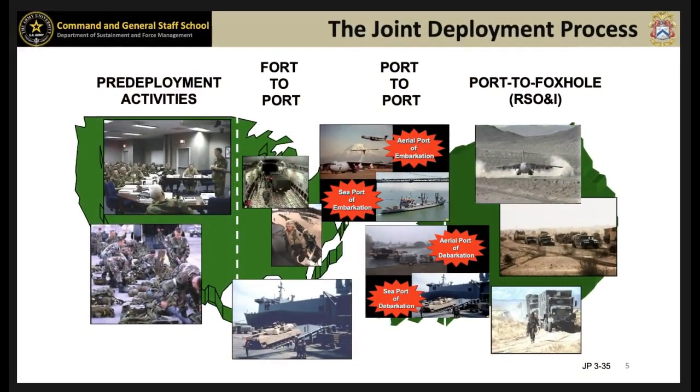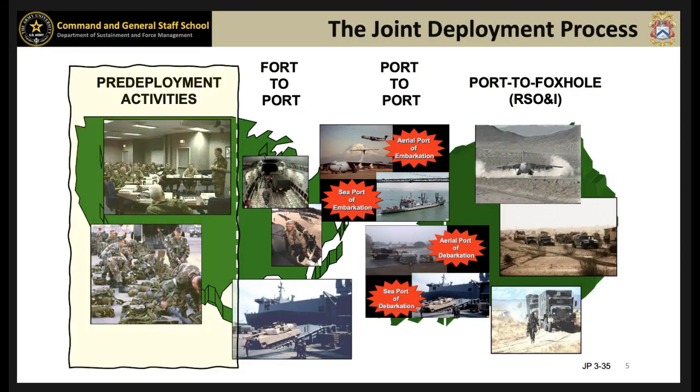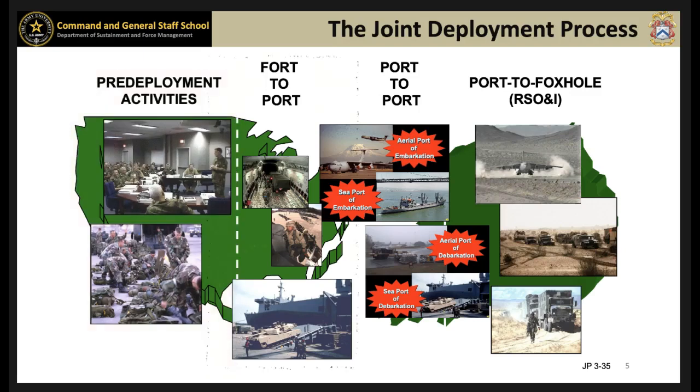This slide depicts the joint deployment process, which consists of 4 main stages. Pre-deployment activities. This stage involves the preparation for deployment, including planning, briefings, and ensuring personnel and equipment are ready for transit. Fort to port.